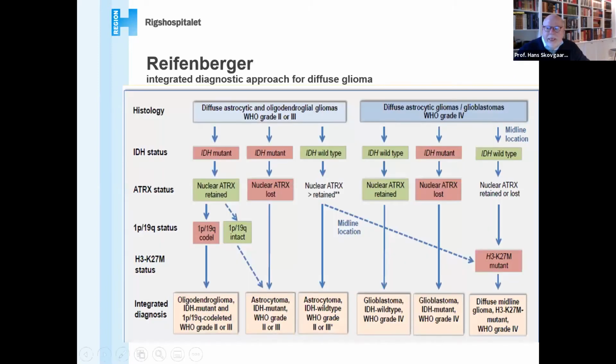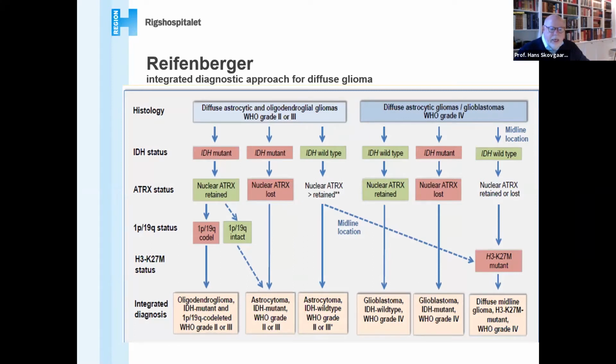In recent years, there has been tremendous development in molecular characterization of gliomas, which has also had some influence on the way we are treating them.